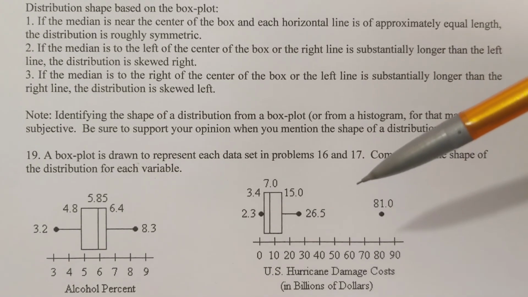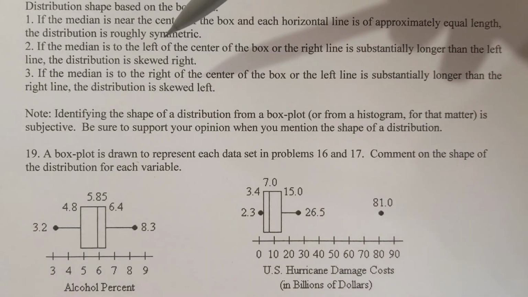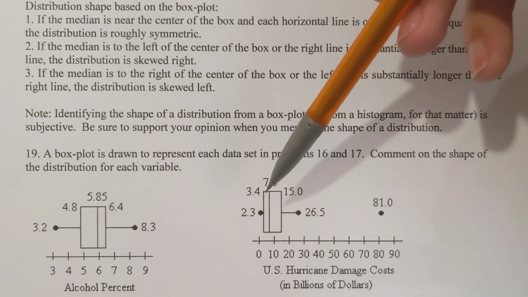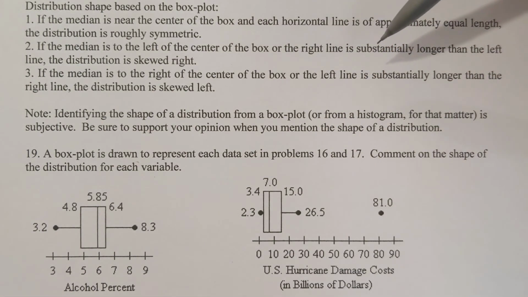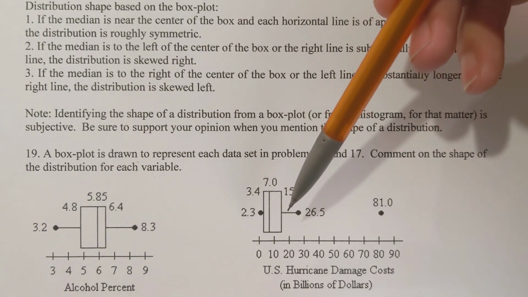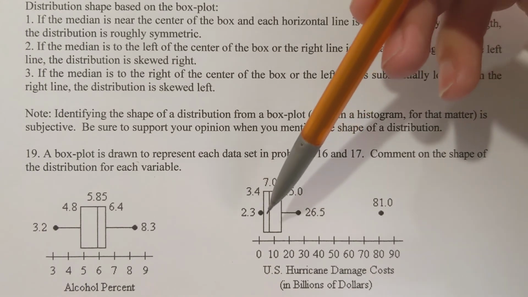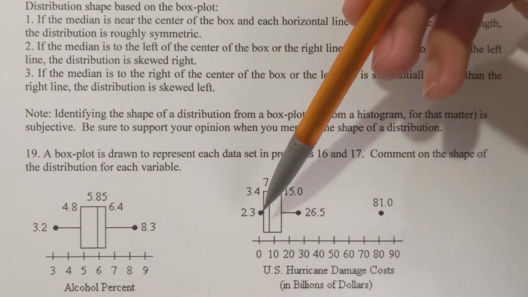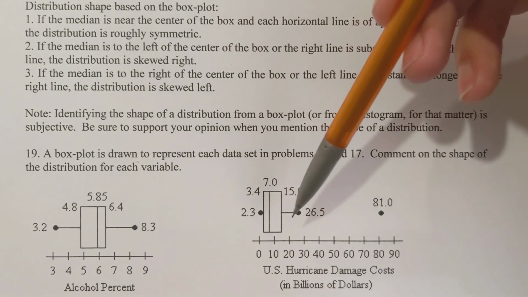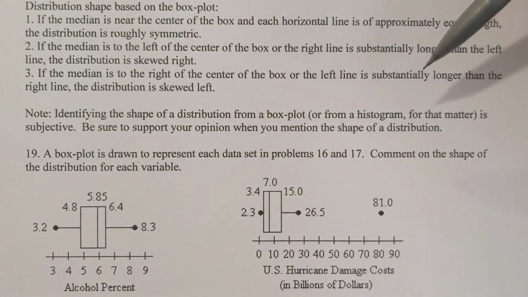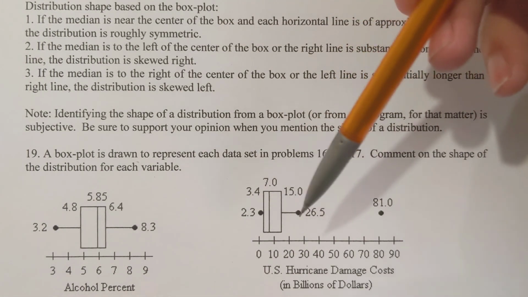There's really no question about it. The median is to the left of the center of the box, and that's what I see, or the right line is substantially longer than the left line. So here's the right line, here's the left line. The right line is substantially longer than the left line.